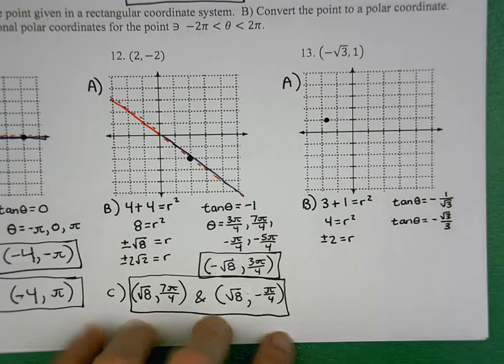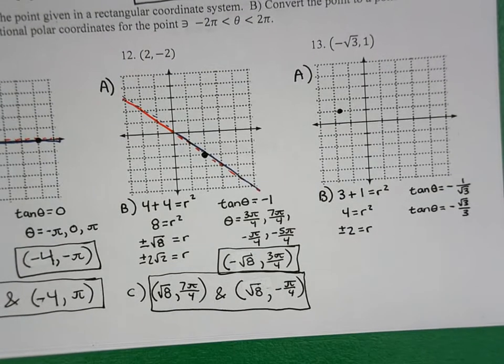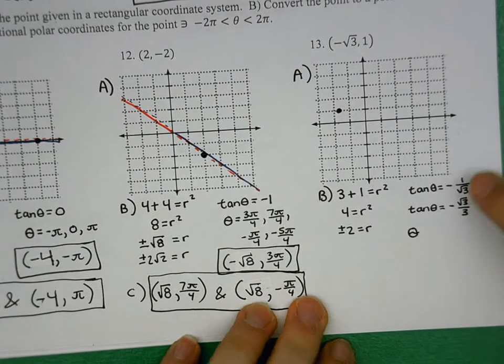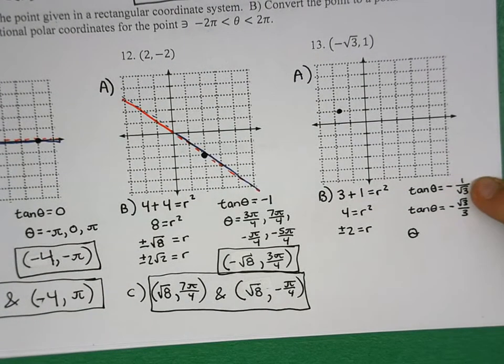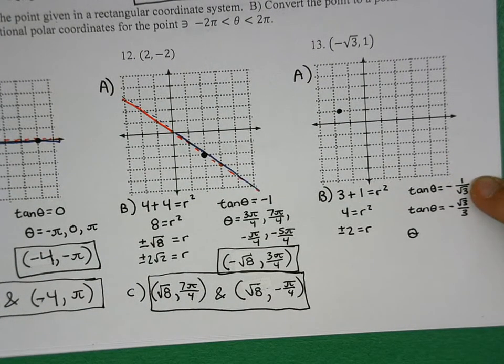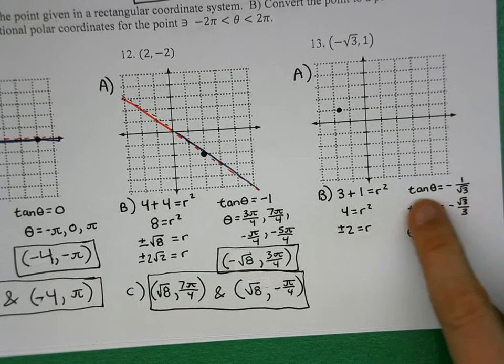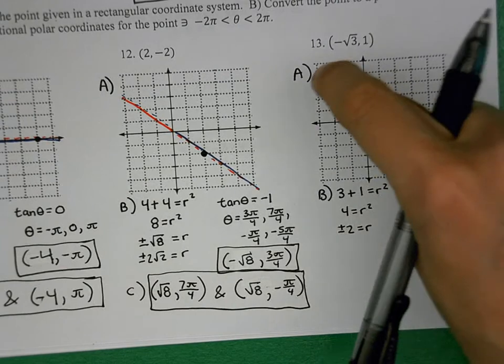Okay, so what would your theta be? Well, the angle that gives me a tangent of 1 over root 3 is pi over 6. And then I want this to be negative, so I want the pi over 6 angles for tangent to be in the second and fourth quadrant. So what pi over 6 angles lie in the second and fourth?